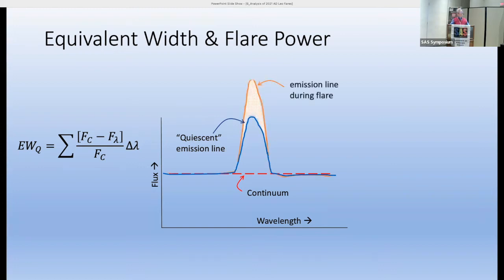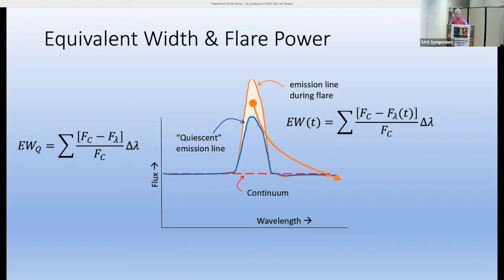Then something happens. The emission strengthens. You can still calculate an equivalent width, but now we call it EW at time t, because that's what it was when this particular image was taken. And that's the equation that enables you to make those plots of equivalent width versus time.